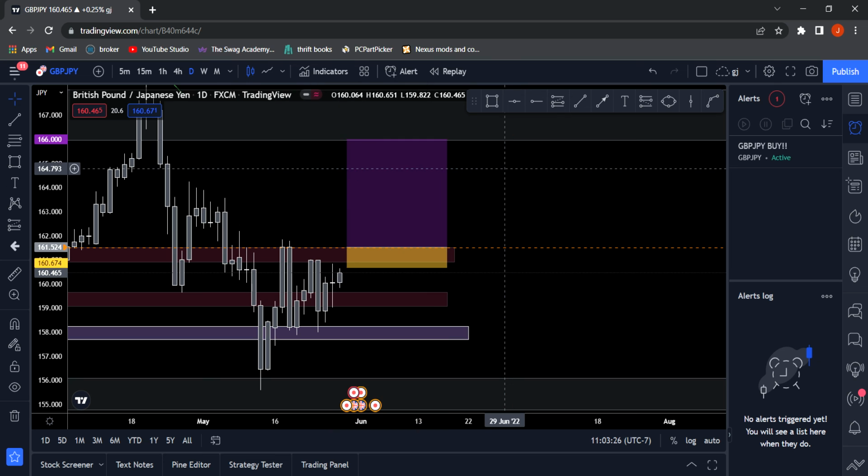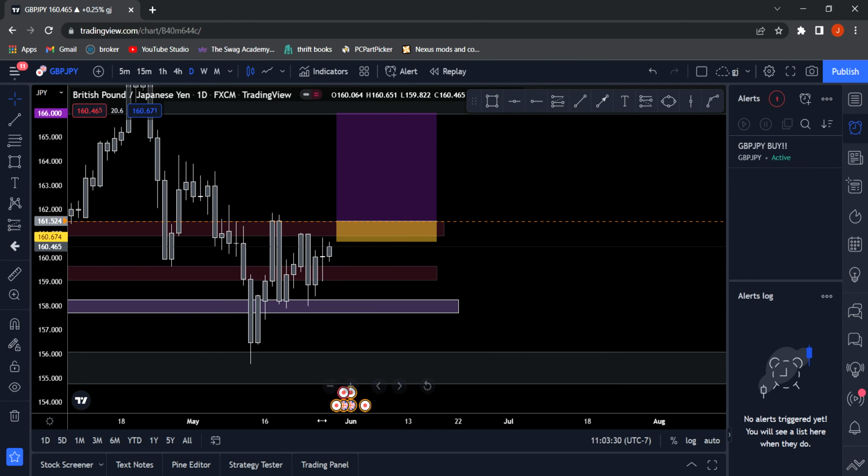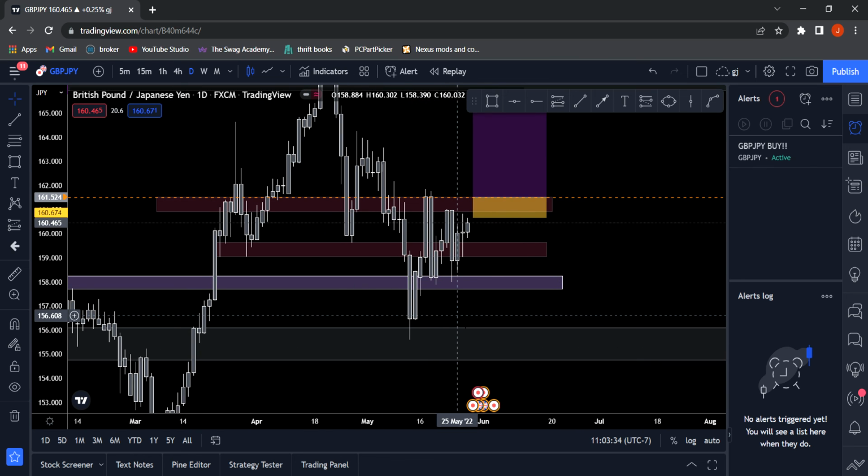Yeah, 166 flat. So this is what I'm waiting for right now. This is what I've been working on. It may work, it may not. Even if it doesn't work this time, you already know everything in trading is not 100%. If it doesn't work this time, it may work the next time.